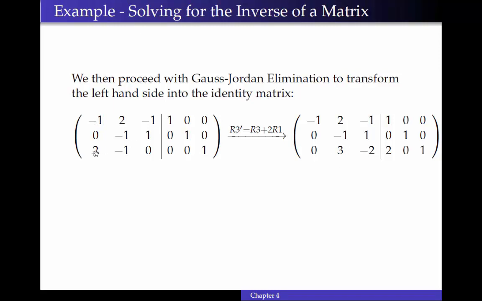And so we have 2 plus 2 minus 1 plus 4 is 3. And 0 plus minus 2 is minus 2. And then continuing over on the right-hand side. So 0 plus 2 is 2. And then 0 and 1 don't change.